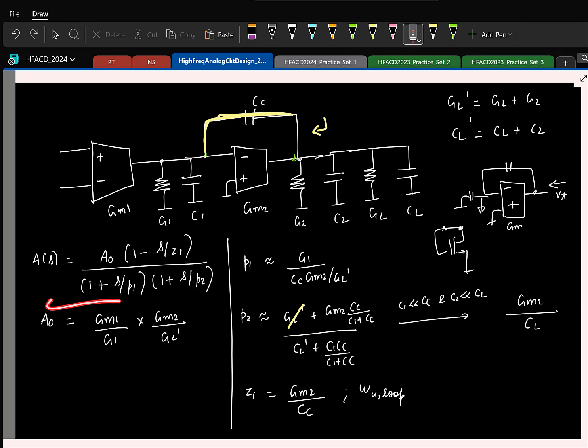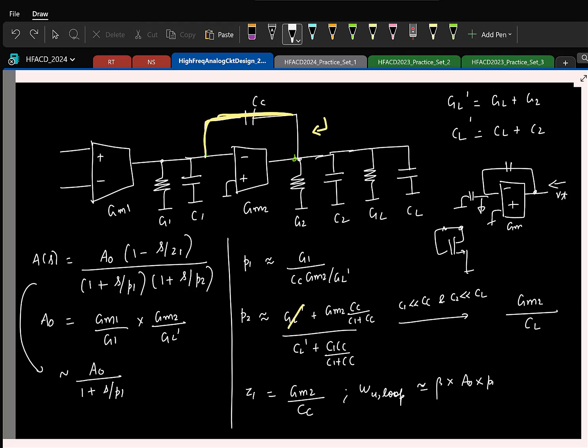I mean, this is a higher order system. Yeah, we know that if it's well compensated around the unity loop gain frequency, it's going to mimic a first order system. So till around the unity loop gain frequency, I can approximate this as A0 by 1 plus S by P1. So the unity loop gain frequency is the feedback factor beta times the DC gain times the first pole.